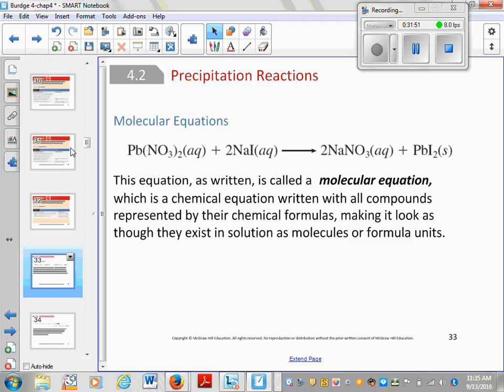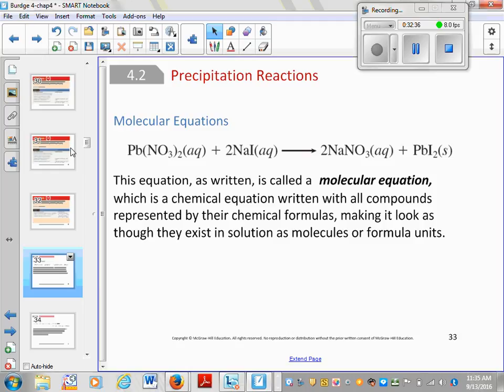So here we're going to look at the molecular equation, which is just like we would normally write it. So we have lead nitrate, aqueous, plus sodium iodide, aqueous, goes to sodium nitrate, aqueous, plus lead iodide, and you notice it says solid.